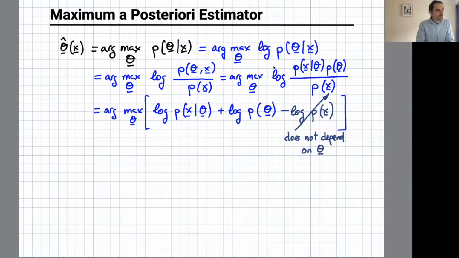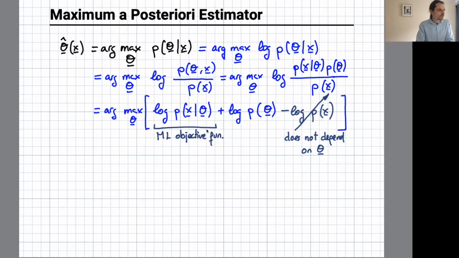Now just applying the properties of the log, and by noting that this term here, this p of x, does not depend on theta, right? What we are left with is this objective function here, okay?